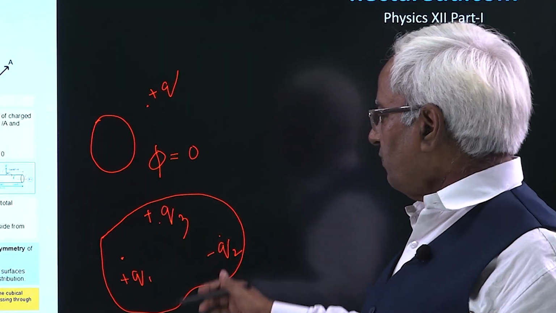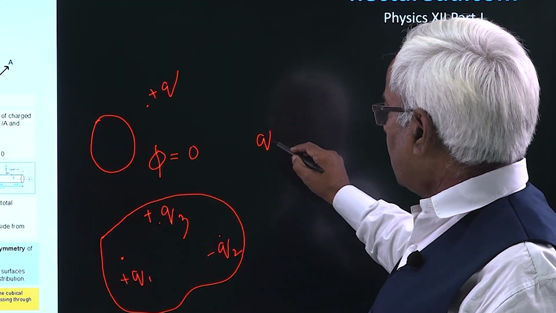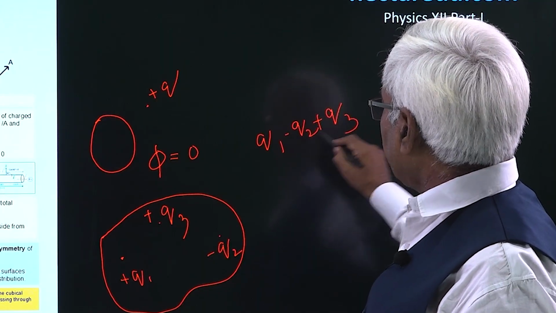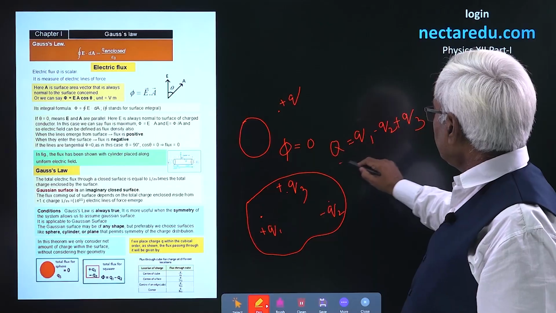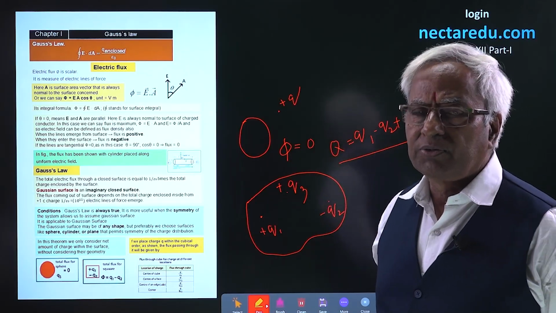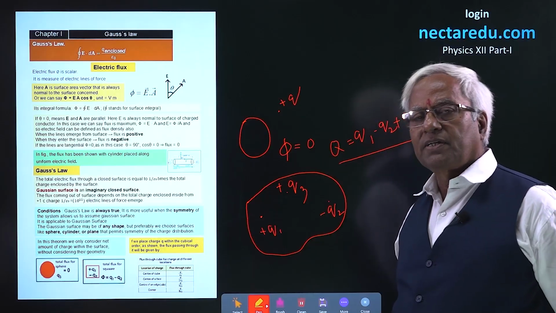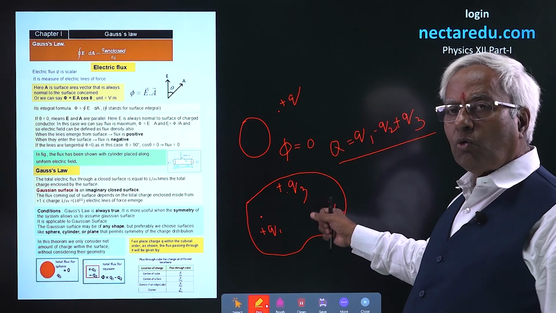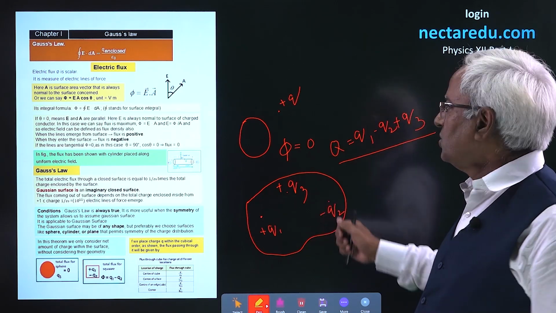In that case, we'll take the algebraic sum of all the 3 charges. So for the purpose of finding the flux coming out of the surface, or for the purpose of using Gaussian theorem, we need only find the total algebraic sum of the charges.